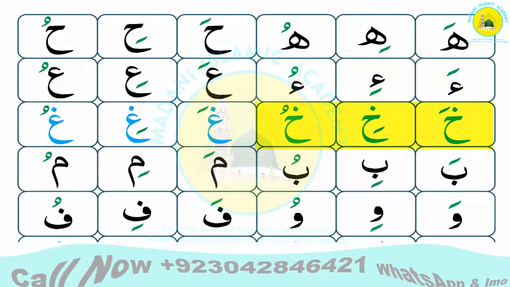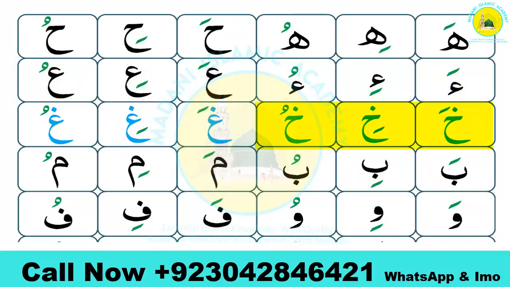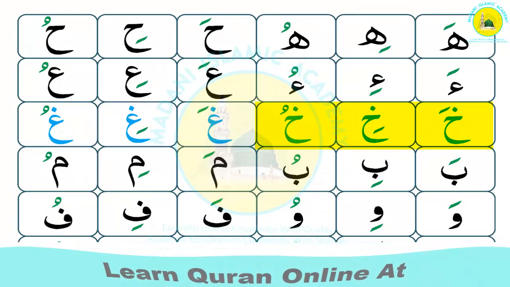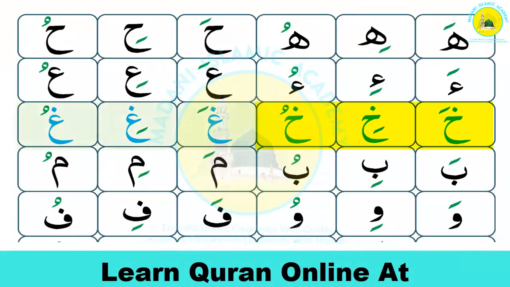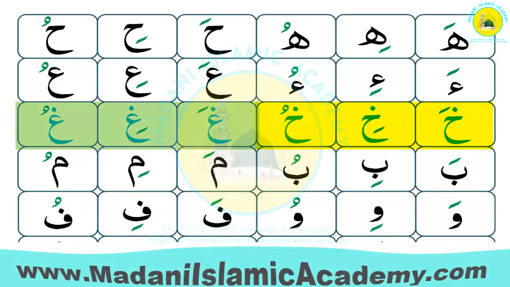Next, mashallah, letters qaribu sawt. These are haruf mustaliya, so full mouth. Kha, khi, khu, gha, ghi, ghu.